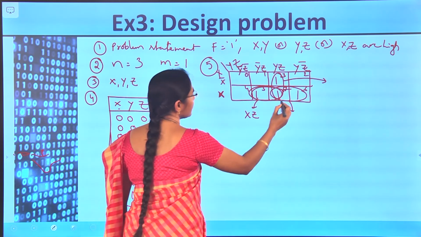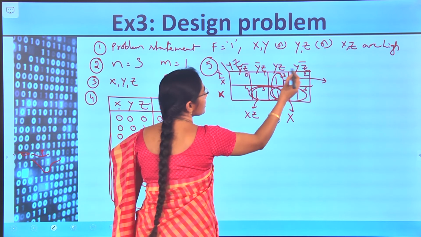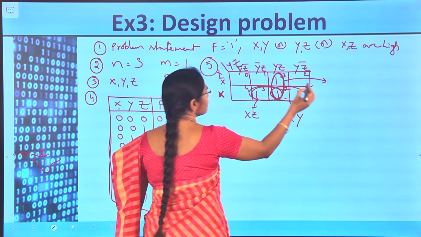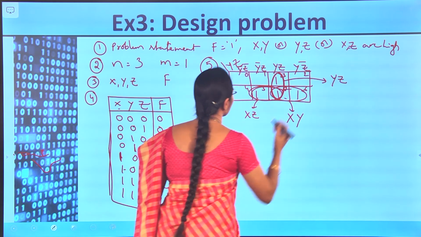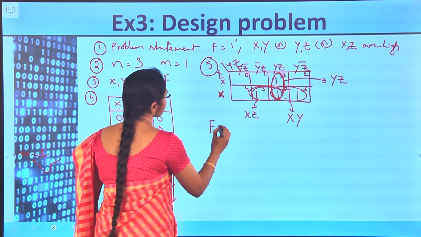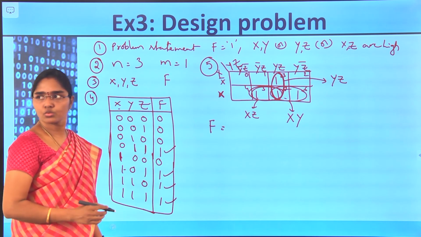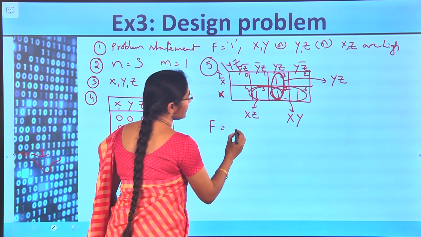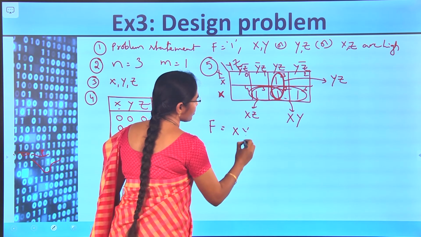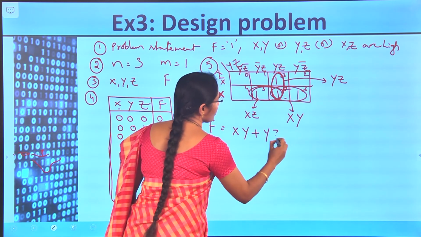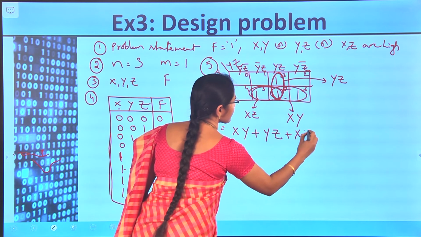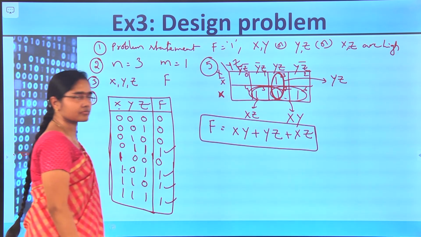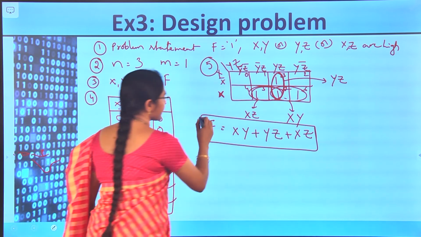For this second min term, x and y, out of these two common is y, and then for this min term, y, z is common. Therefore, the simplified expression f is equal to the sum of these 3 min terms. Those are xy plus yz plus xz. That is the simplified expression.